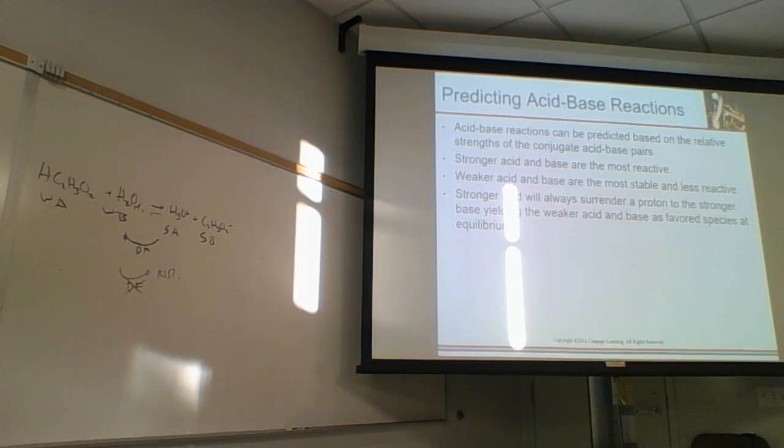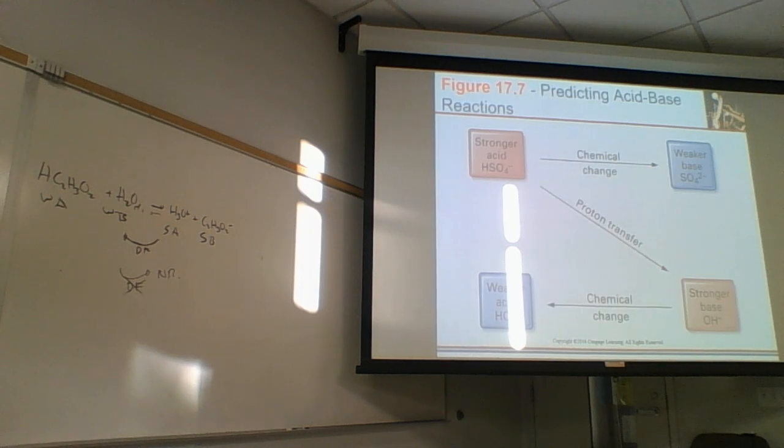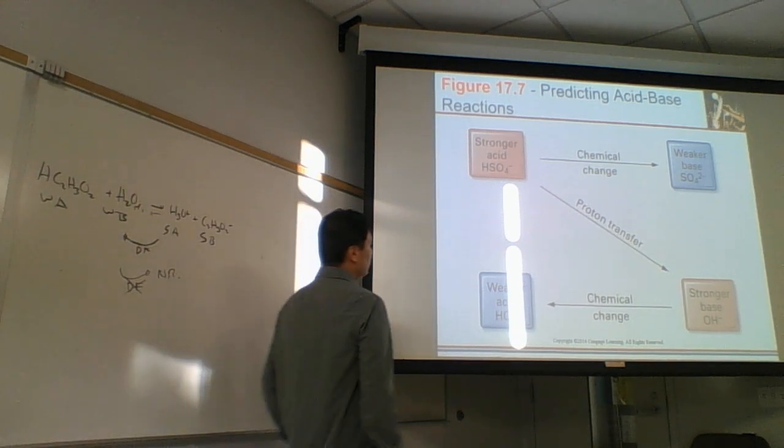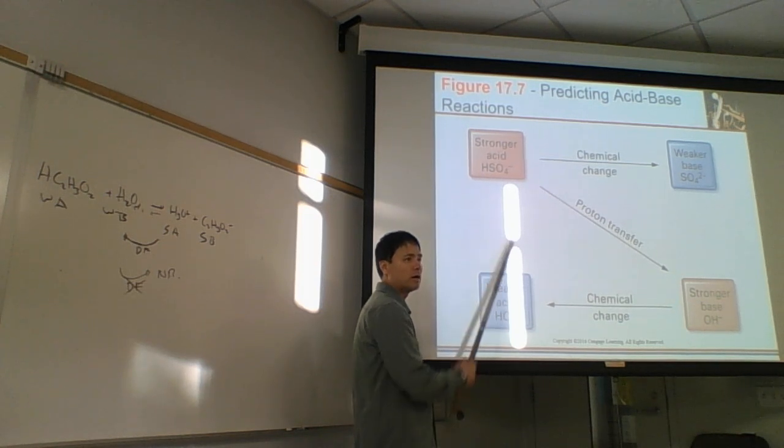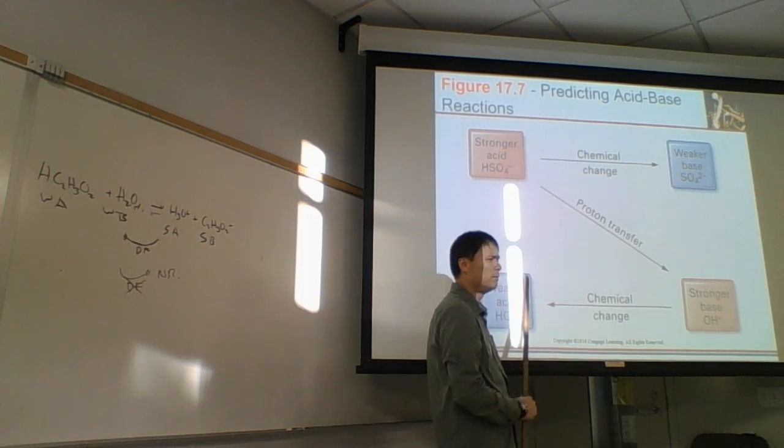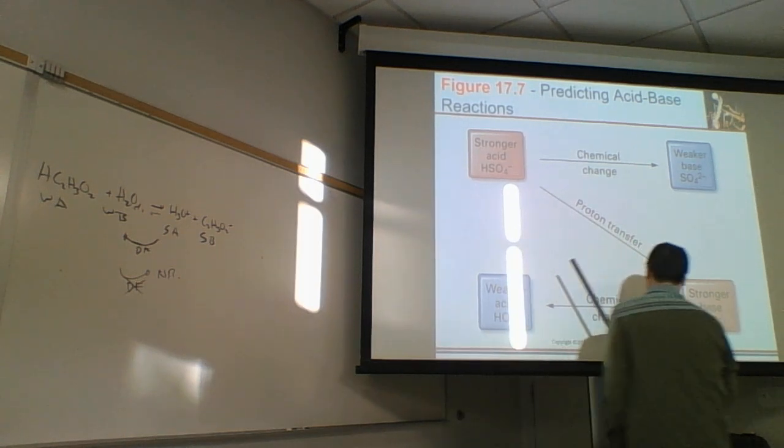And so this is all about predicting acid-base reactions. We have this thing here. Predicting acid-base reactions, we want to go downhill. So for acids, we want to go from stronger acid to weaker acid. And that's downhill. But you know, the base chart is inverted.